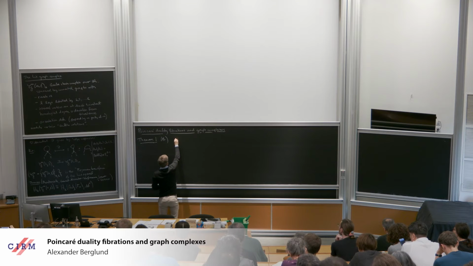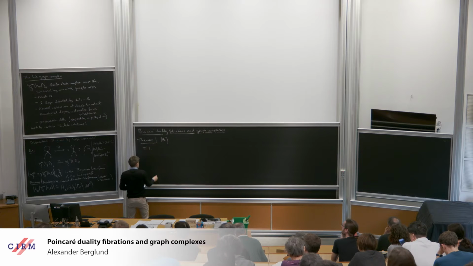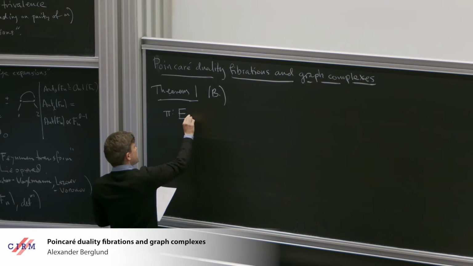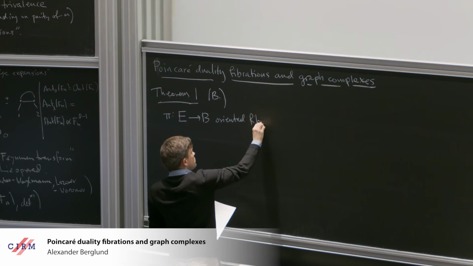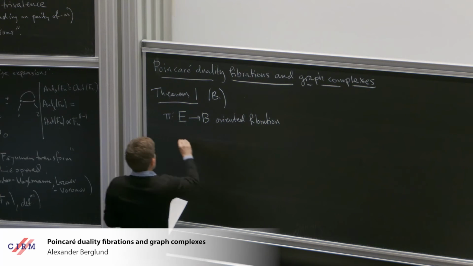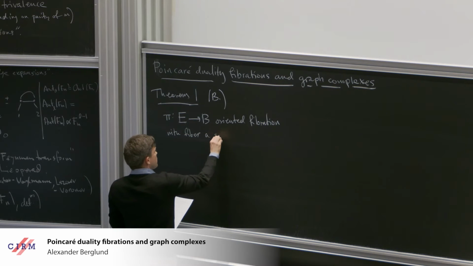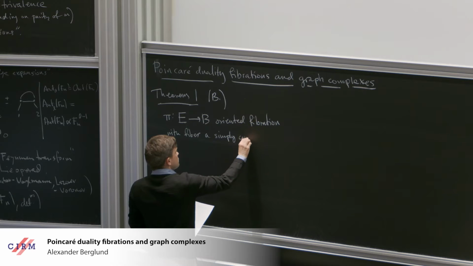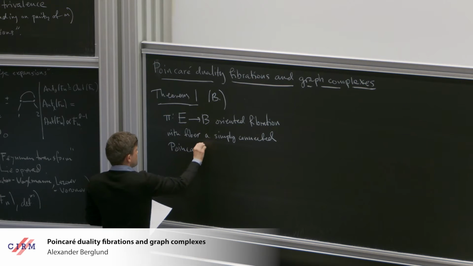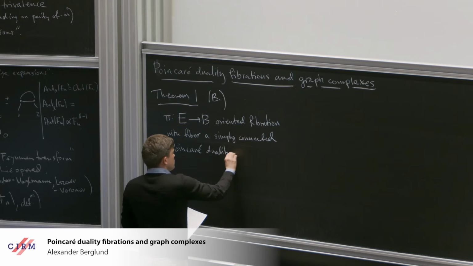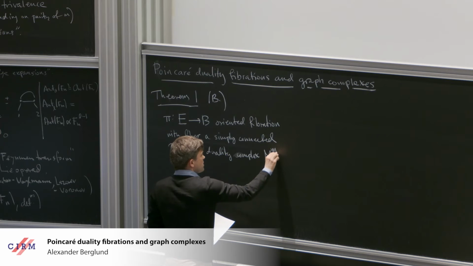Suppose I have π: E → B, an oriented fibration with fiber a simply connected Poincaré duality complex M of dimension m.